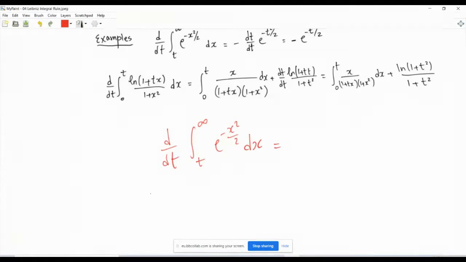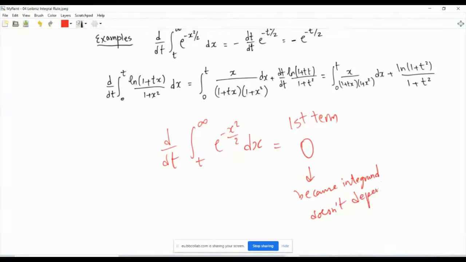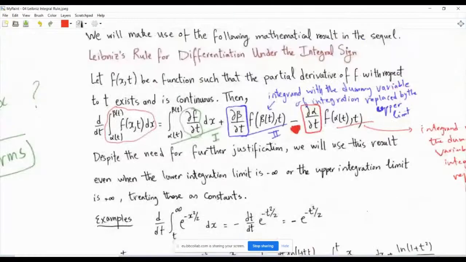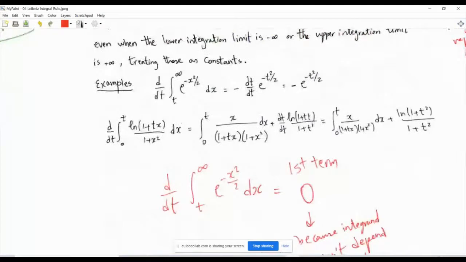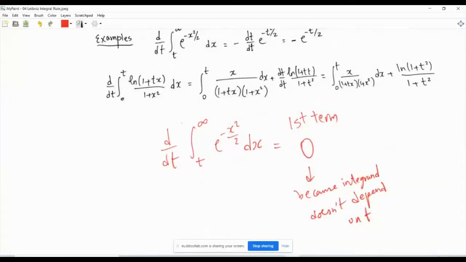So basically, the first term is 0 because the integrand doesn't depend on t, and this is great because the first term is annoying. It's still an integral that involves the partial derivative of f with respect to t. If there is no t inside the integral, you just say goodbye, and basically this is 0.